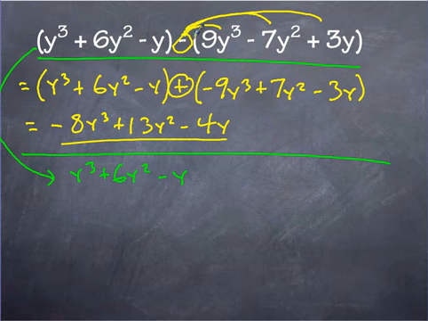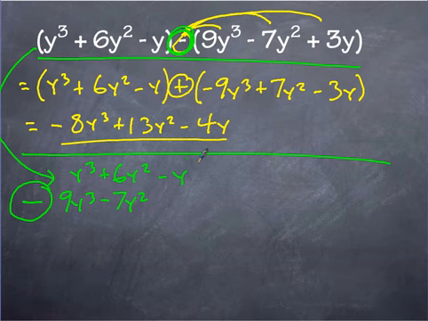And then, to help us avoid forgetting about the subtraction, I'm going to put the subtraction right here, really big in a giant circle, so I can't miss it. And then below the first trinomial, I'm going to put the second trinomial that I'm subtracting away. 9y to the third, being careful to put it specifically here where the y to the thirds can line up, minus 7y squared plus 3y.